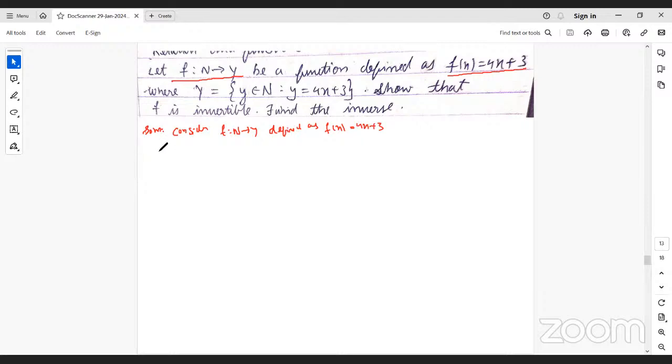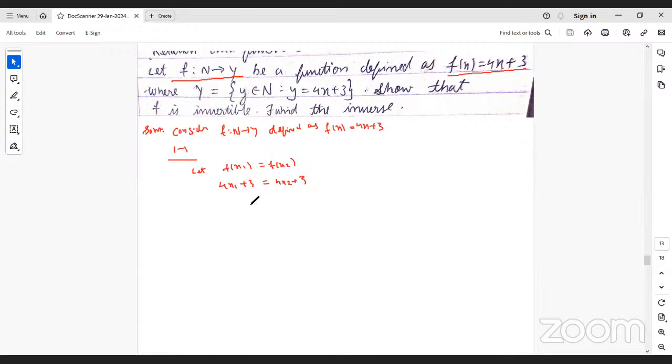Now to check whether the function is one-one, we need to make use of two elements. To show one-one, let f of x1 be equal to f of x2. Where there is x in the function, replace it by x1. So 4x1 plus 3 is equal to 4x2 plus 3.